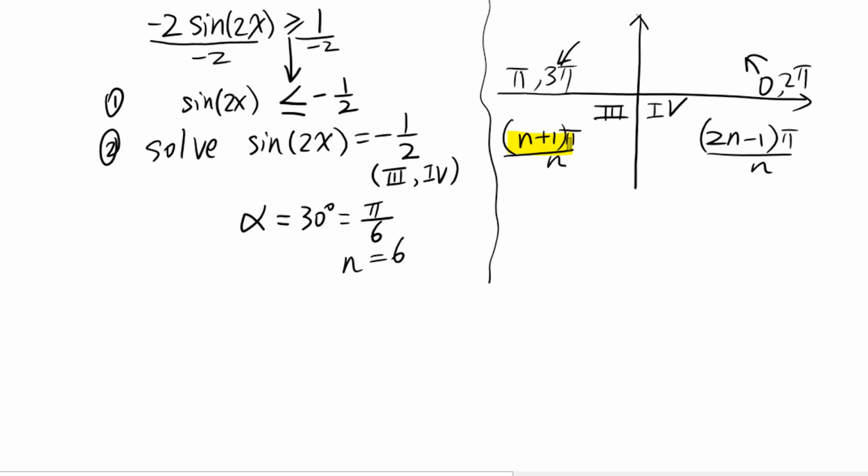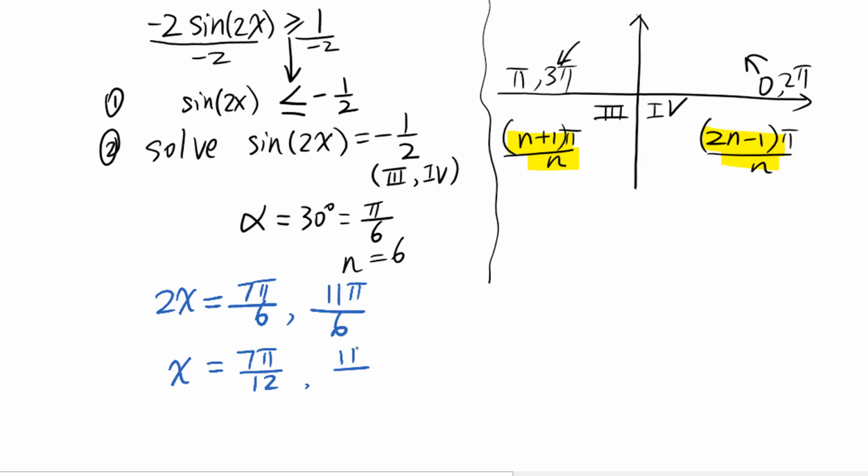We need to plug into these two patterns. So you get 2x equals 7 pi over 6 and 11 pi over 6. Then we divide by 2. You will get 7 pi over 12 and 11 pi over 12.